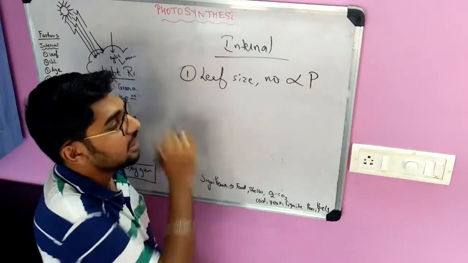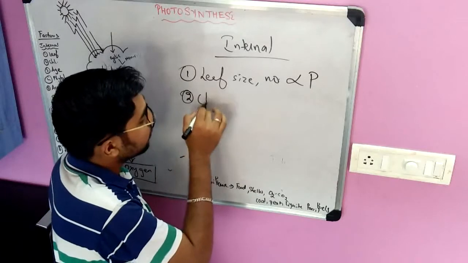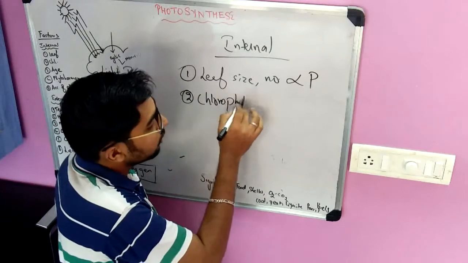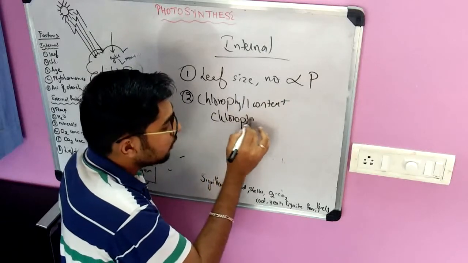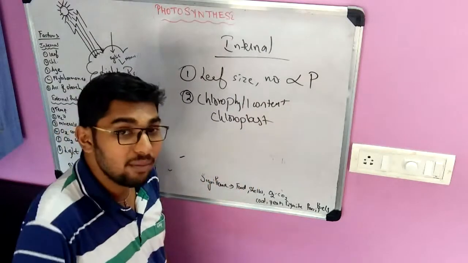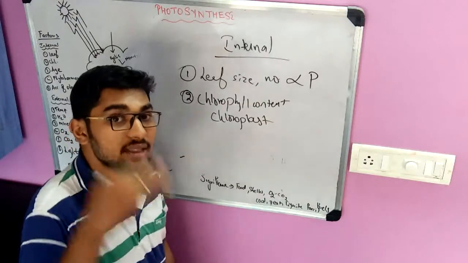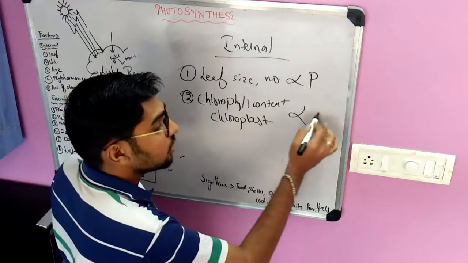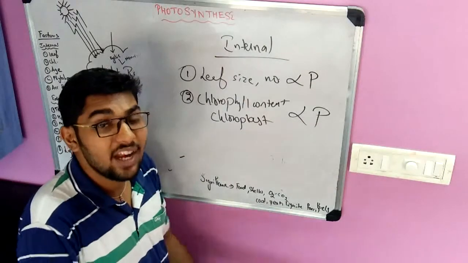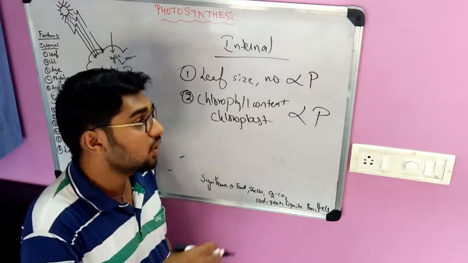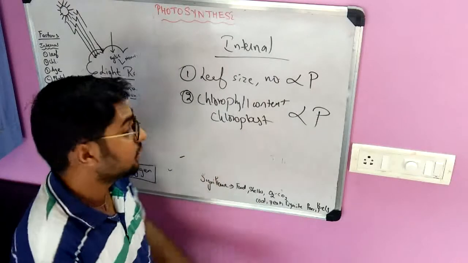Next is chloroplast or chlorophyll content. The more chlorophyll and the more chloroplasts, the higher the rate of photosynthesis. These are also directly proportional to photosynthesis. With less chlorophyll, leaves turn yellow, and in yellow leaves the photosynthesis will be very less.